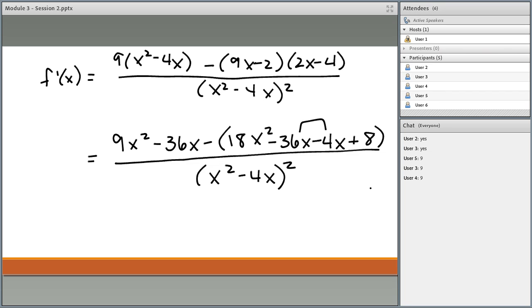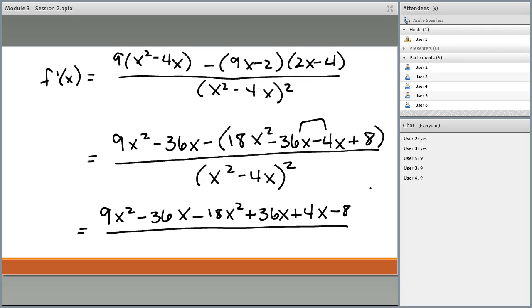It's completely up to you. So let me distribute the negative. So I have 9x squared minus 36x minus 18x squared plus 36x, the negative negative. And again, I have another negative negative, so plus 4x and then minus 8. All over x squared minus 4x squared.